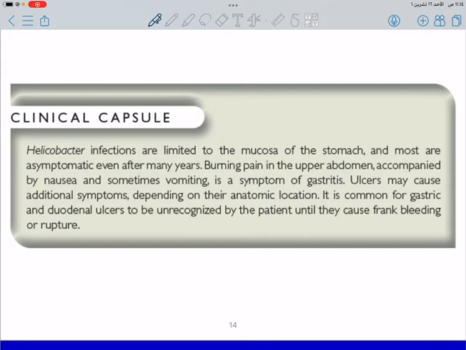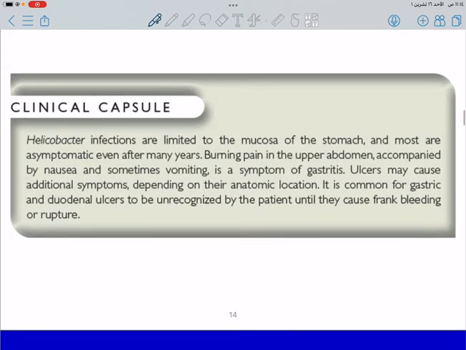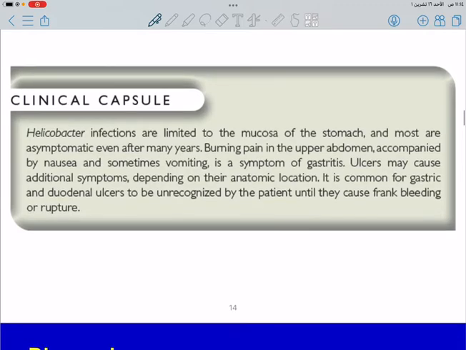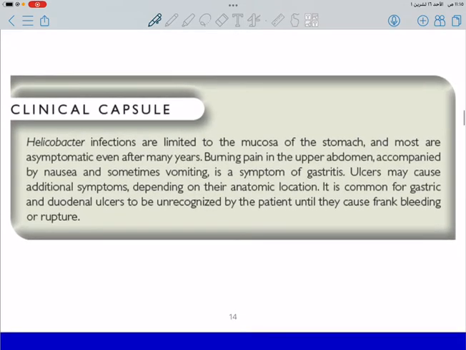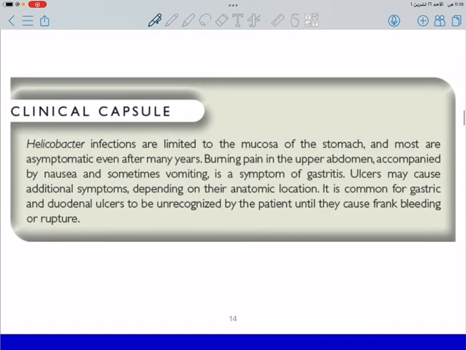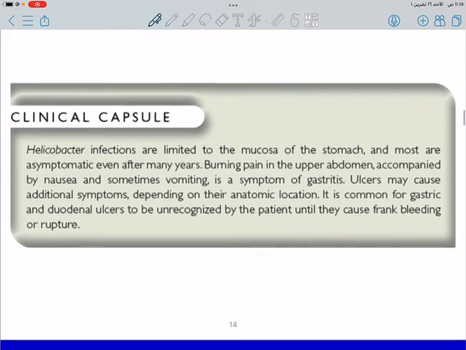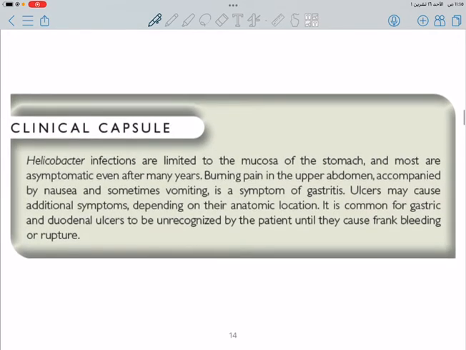Accompanied by nausea and vomiting, and ulcers may cause additional symptoms, depending on the location of the ulcer. I will leave that for medicine, God willing, next year we will have lectures on peptic ulcer diseases. At the end I will take all your questions.